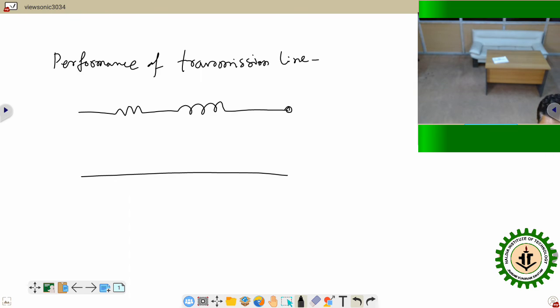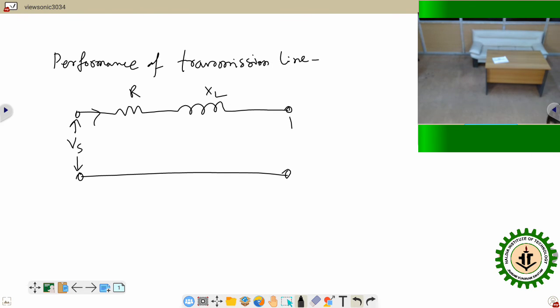This is line resistance, this is line inductance, XL or L, whatever you write. This input voltage is called sending end voltage. The output voltage is called receiving end voltage.